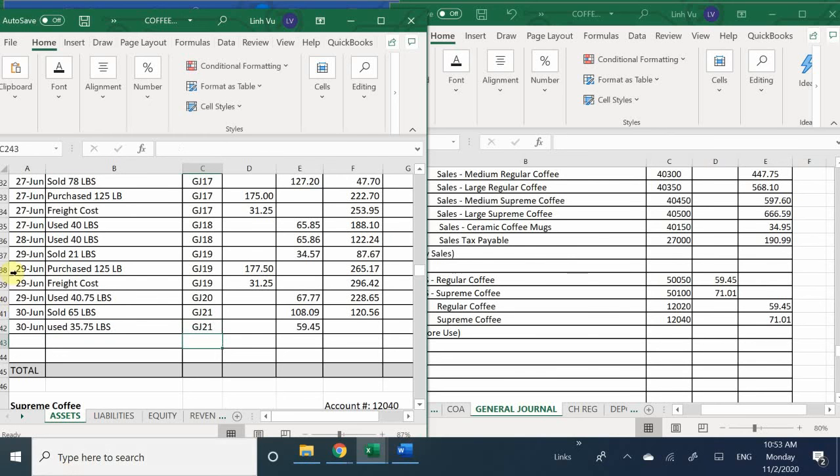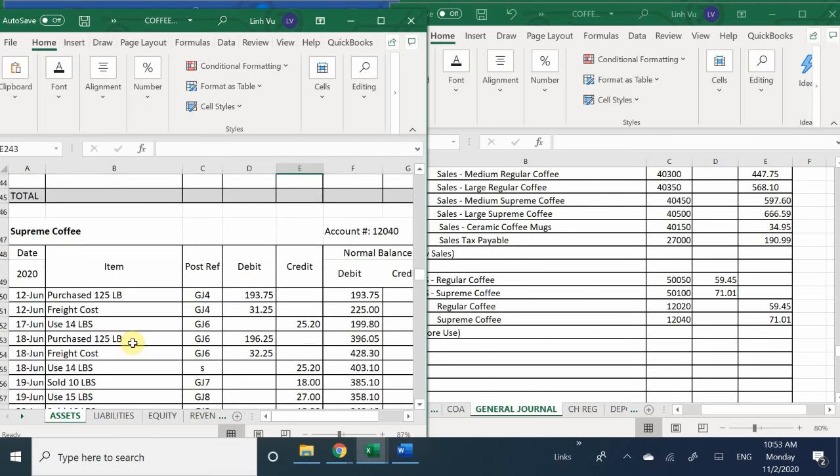So if I used $59.45, and I started with 120.56, what is my new total going to be? I don't have a calculator. I need help on this. 61.11. Okay? And that definitely matches our inventory on hand.